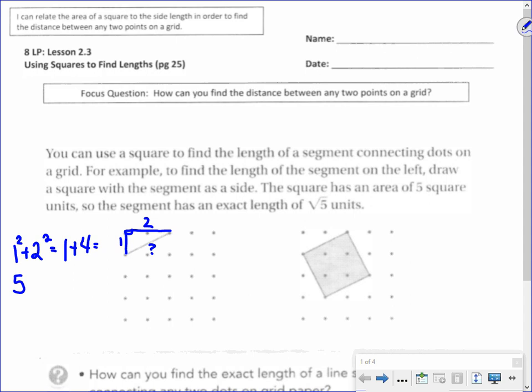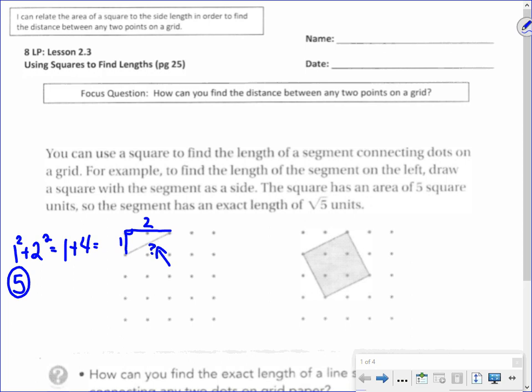So if I'm trying to find the side length, I'm going to take this answer that I got and I am going to square root it. Because again, it's the sum of the squares of the 2 sides. So this 5 is this side squared.